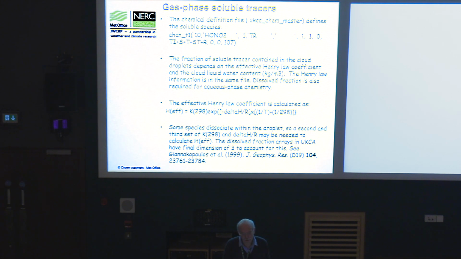So SO2 will dissociate to form HSO3 minus, and that will dissociate to form SO3 2 minus. So although the Henry law for SO2 is quite small, a lot of it gets dissolved in the cloud droplets, and that is why there are 3 sets of Henry law information to allow for that effect.